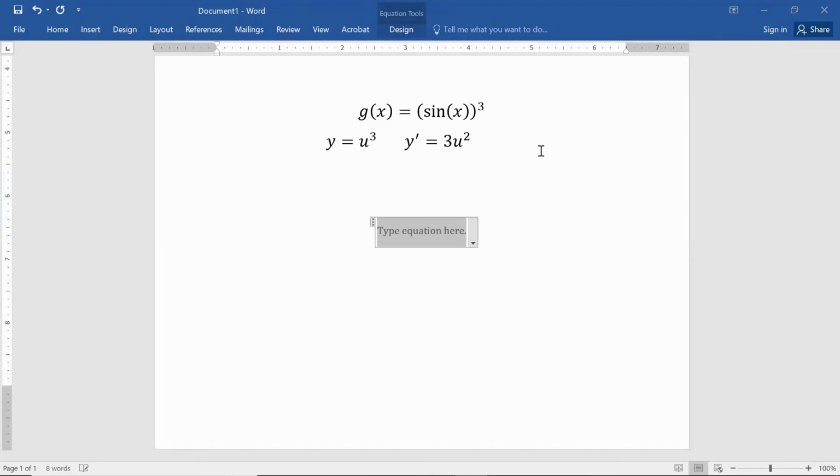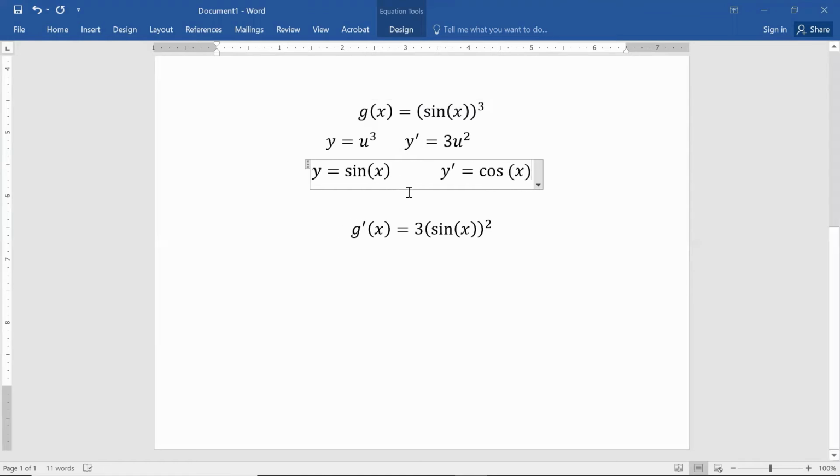So when I take the derivative of g with respect to x, I want to get 3 times that sine to the second power. And lastly, the inside function, sine of x, has derivative cosine of x. So after I take 3u², where u is the inside function, I then multiply times cosine of x.